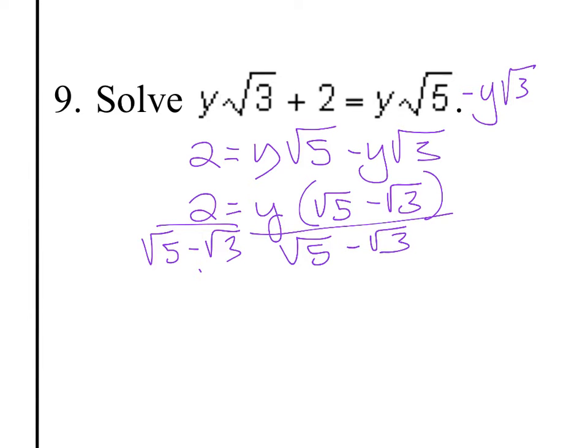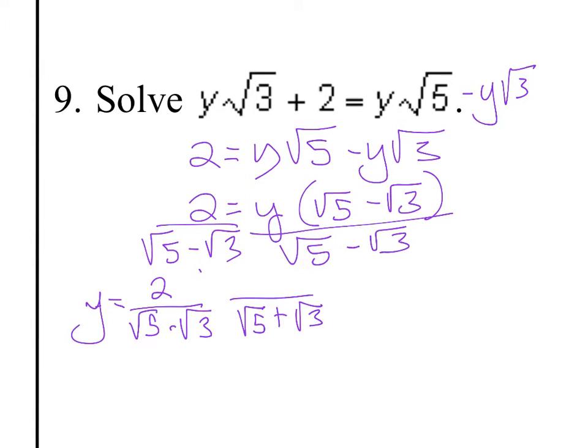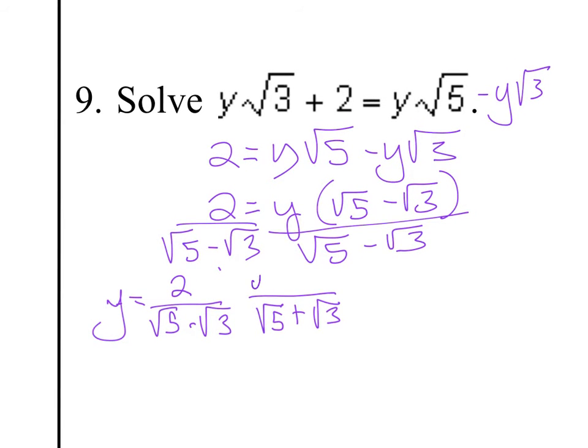Now what I have is y equals 2 over root 5 minus root 3. I'm going to have to rationalize this denominator, so I'm going to multiply it by its conjugate. I know you're going to get really tired of hearing that term. Conjugate, conjugate. But it's kind of a miracle thing because it gets rid of a lot of stuff and simplifies things for me.